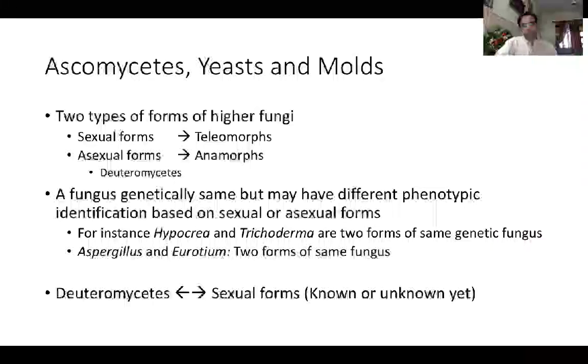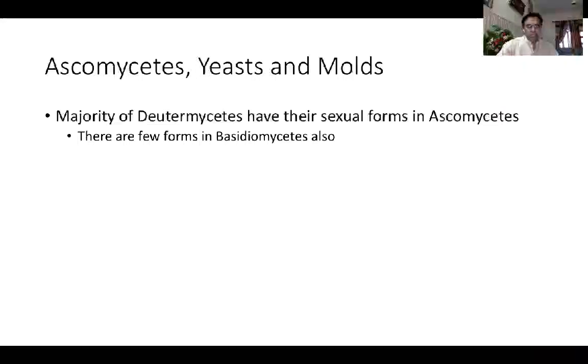So Deuteromycetes contain the fungi for which sexual forms may or may not be known. This is very important to know, that all the members of Deuteromycetes are basically anamorphs. Some anamorphs have their teleomorphs known, but some may not be known till now. The majority of Deuteromycetes have their sexual forms in Ascomycetes.